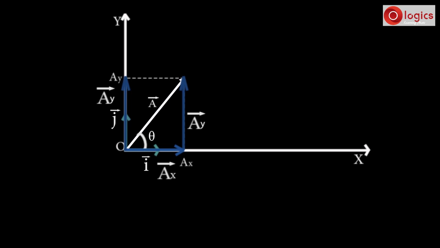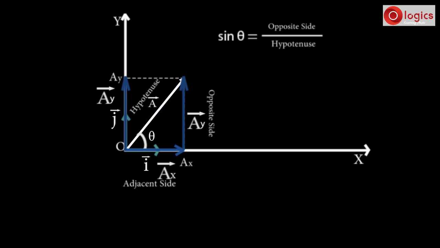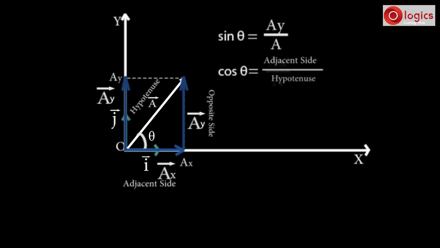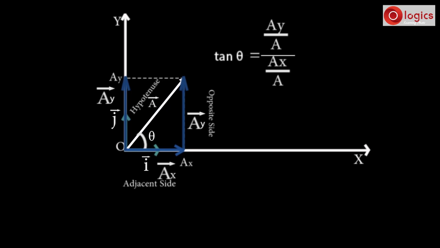To find theta, apply the definition of sine and cosine to this right angled triangle. We know sin theta equals opposite side by hypotenuse, which is Ay by A, and cos theta equals adjacent side by hypotenuse, which is Ax by A. Dividing sin theta by cos theta, we get tan theta equals Ay by Ax.